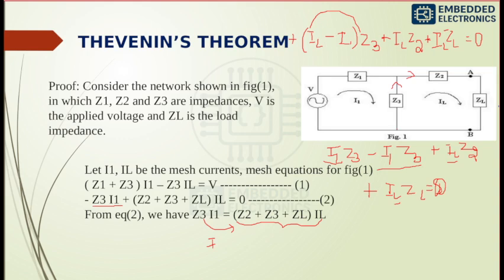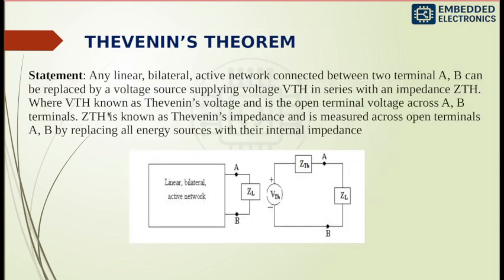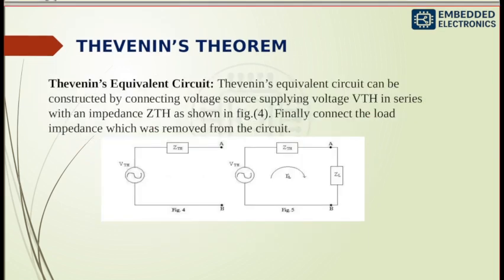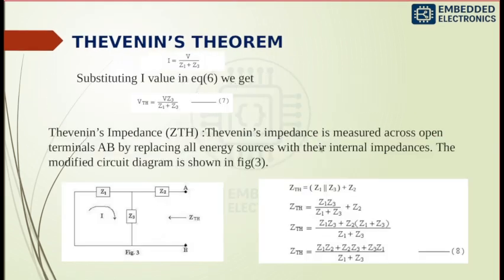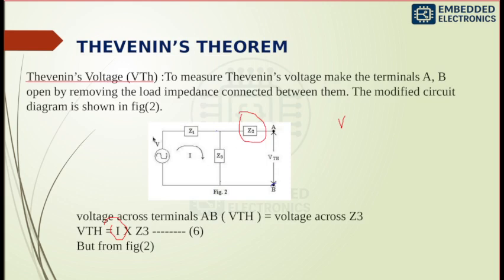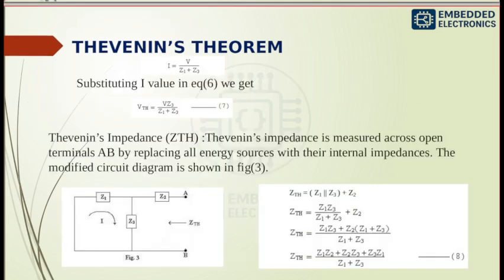Now what Thevenin's statement said, we need to find Thevenin's impedance also, right? So to find Thevenin's impedance, we need to measure it across the open terminal A, B, replacing all energy sources with their internal impedance. So we need to replace this V by its internal impedance. Now what is ZTH?